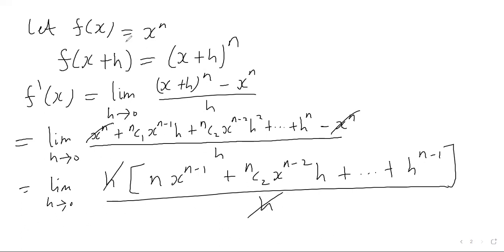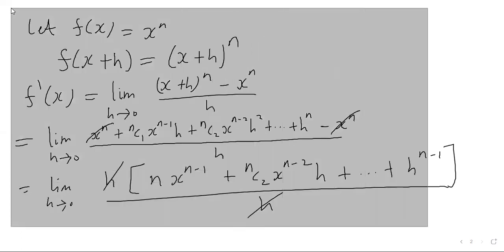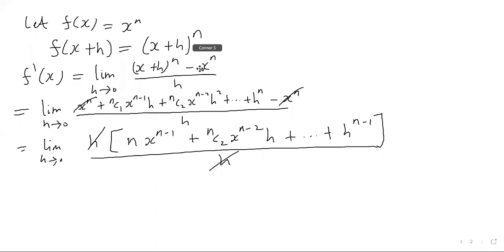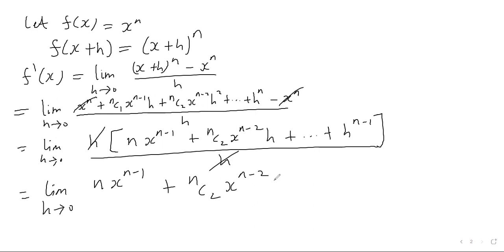So what we're going to be left with is the limit as h goes to 0 of n x to the power of n minus 1, plus n choose 2 x to the power of n minus 2 multiplied by h, plus all these other terms, and then plus h to the power of n minus 1.